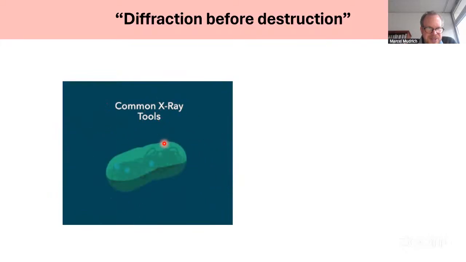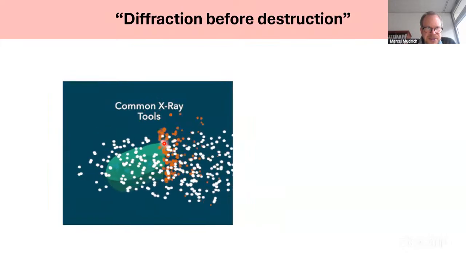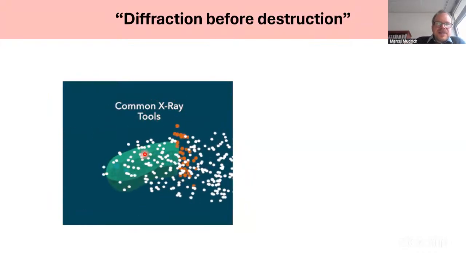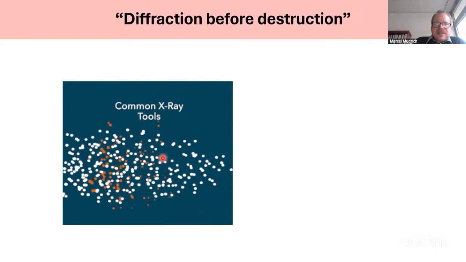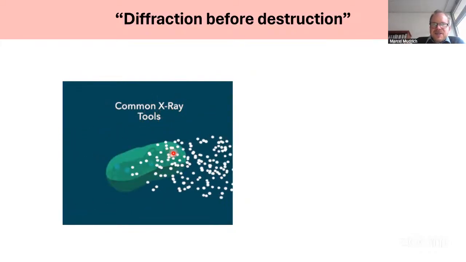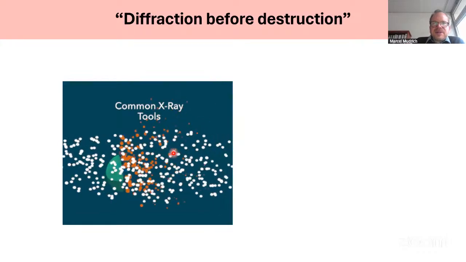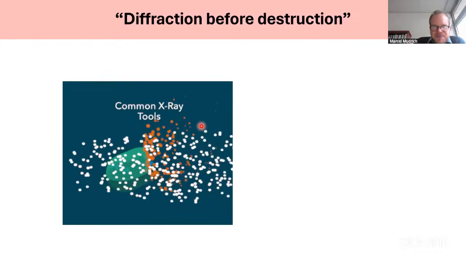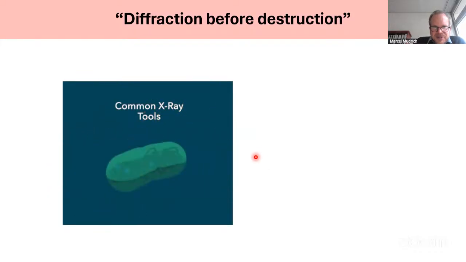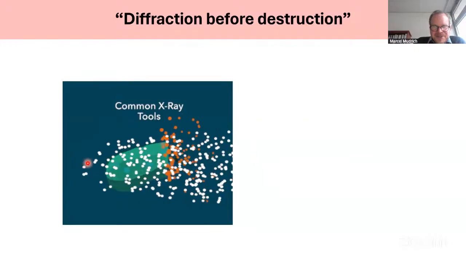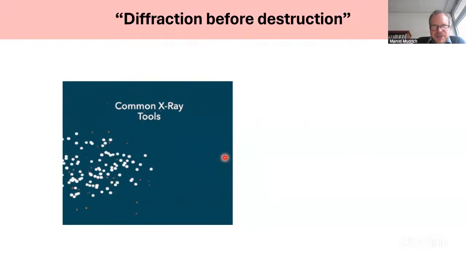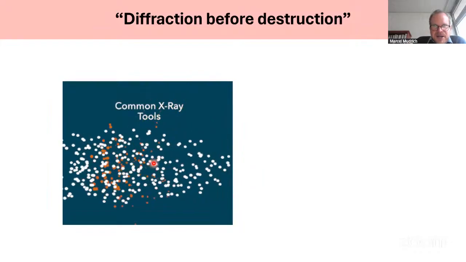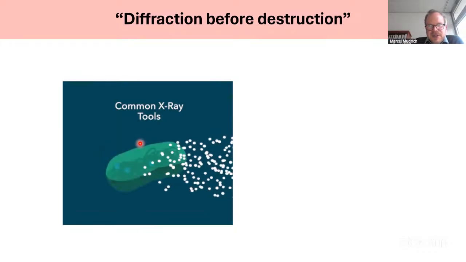Since it is highly ionizing radiation and so intense, the target will be ionized and decompose. And if the pulse is quite long, like the white dots, which represent photons in this pulse of X-ray photons, then you will see that already during the X-ray pulse the target starts to decompose.